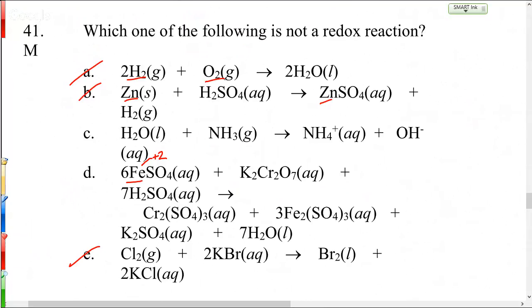So that's 2+. What about the iron in the product? What's the charge on that iron? Is it still 2+, or is it different? It's got to be different because it's got the same counterion, same sulfate, but in different ratios. What's the charge on iron in Fe2(SO4)3?